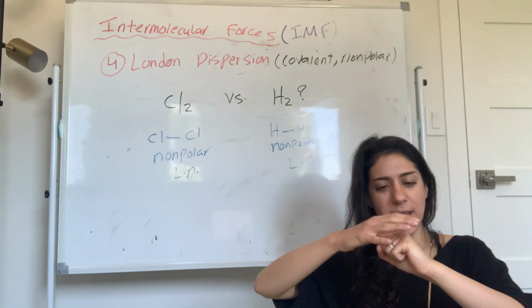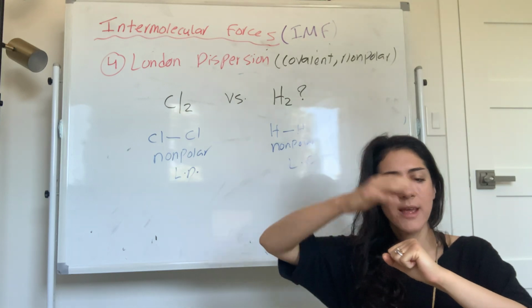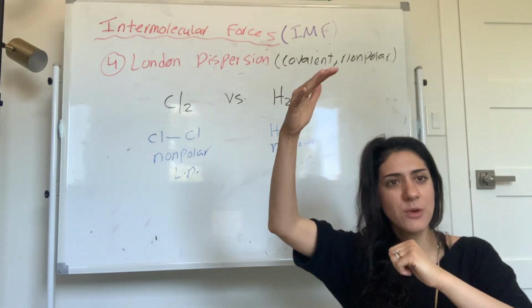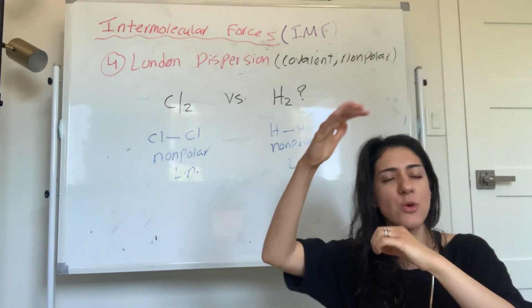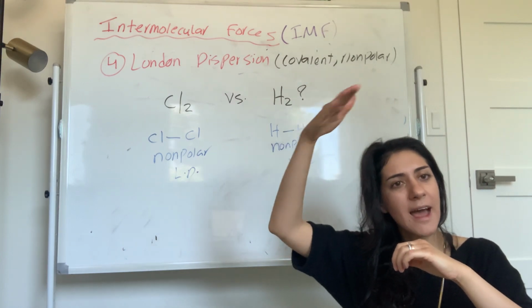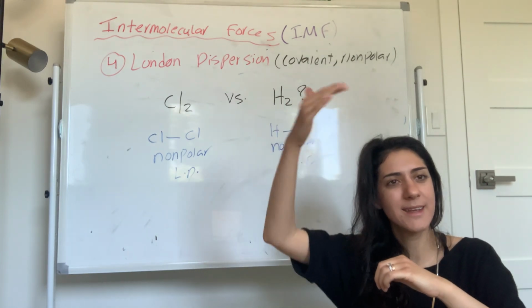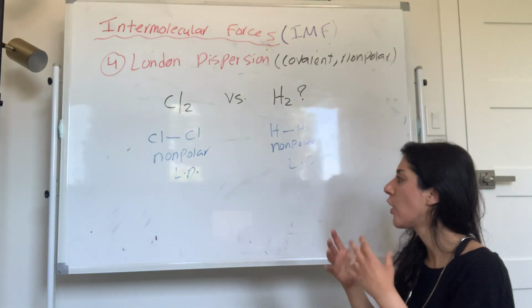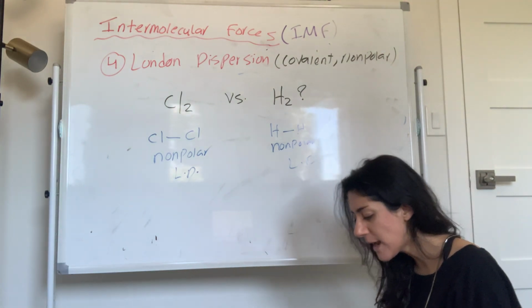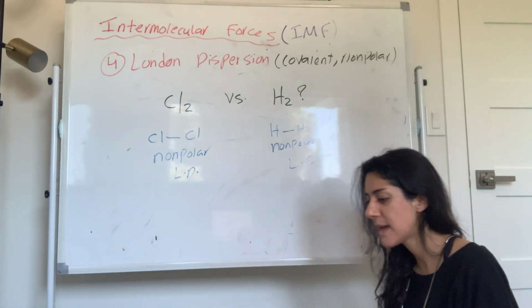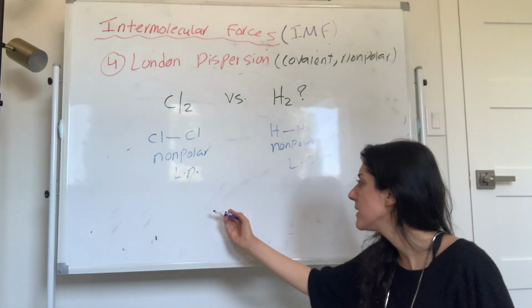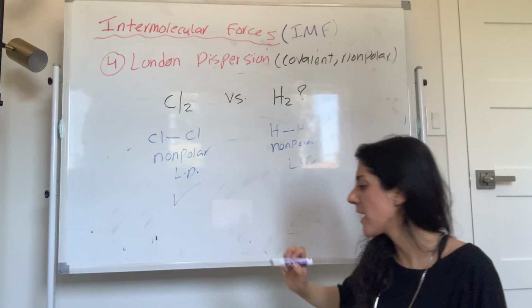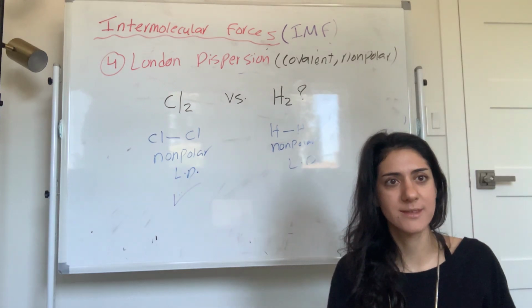Because here's the nucleus, here the electron. If the electron is far away from the nucleus, it's not really feeling the nucleus's positive charge, so it can play around more and rearrange to have an induced dipole. This is why the larger molecule, the one that has more electrons, would have a higher dipole. Which one would that be? That would be this one. This one is going to have a higher intermolecular force.